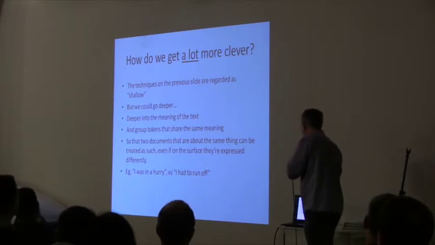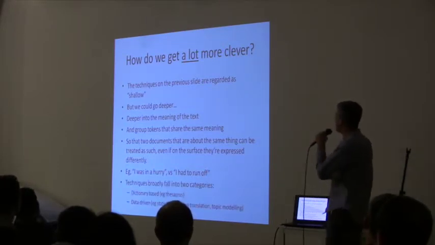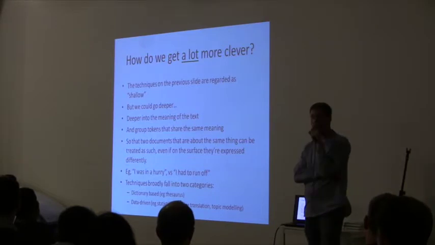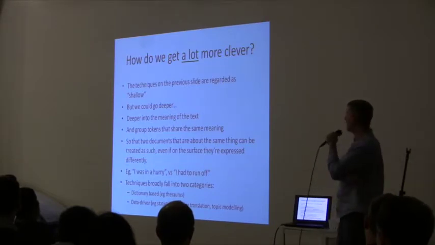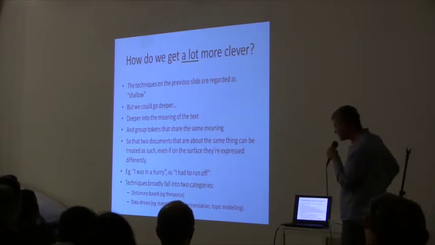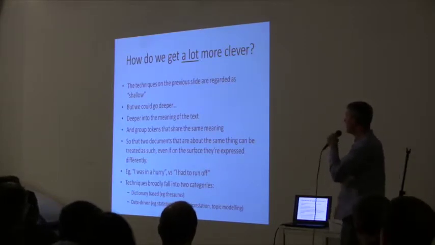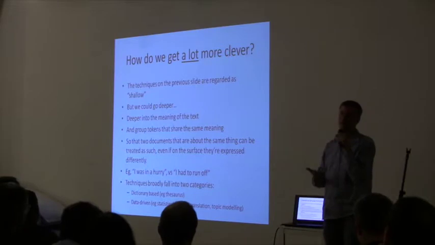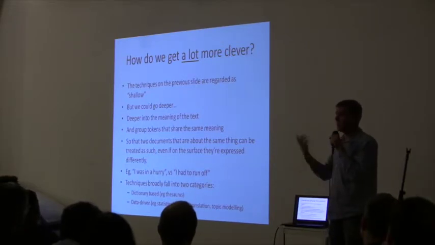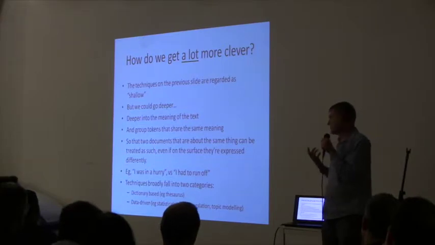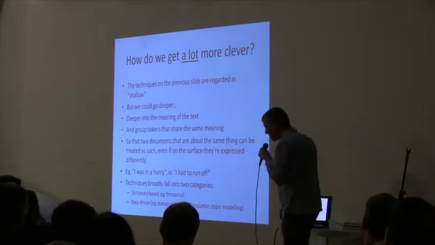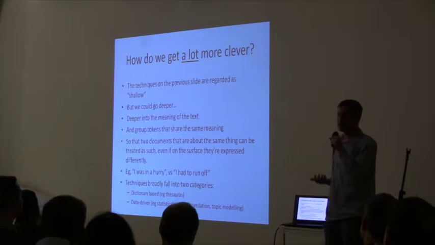The techniques broadly fall into 2 categories, and Evan touched on this as well, this dichotomy. One is a dictionary-based approach, where you have a database that tells you about expressions, synonyms or semantic groupings of words and expressions.